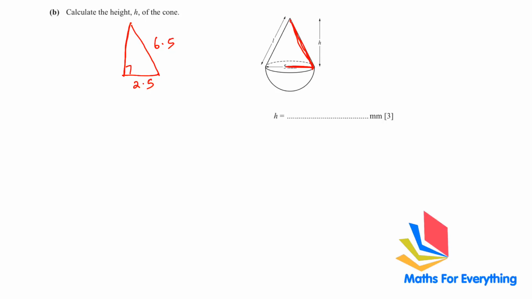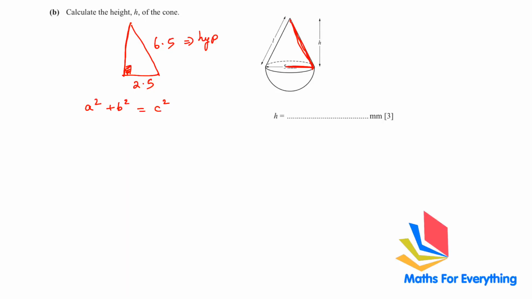What is the Pythagoras theorem? A square plus b square is equal to c square. A and B can be any side, these sides, but C is your hypotenuse. Hypotenuse is the side opposite your right angle.